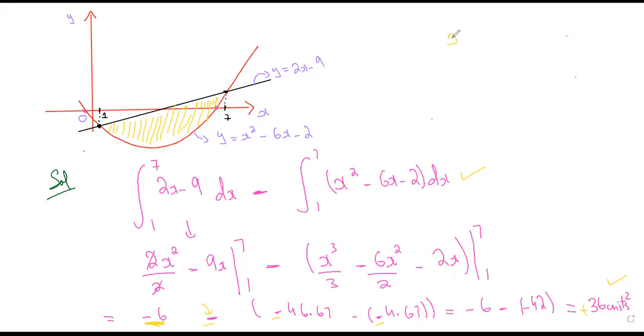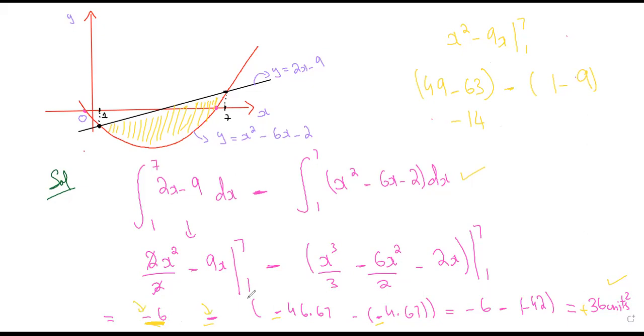So it is 6x squared minus 9x. You'll plug in 7 and 1. When I plug in 7, it would become 49 minus 63, and then minus 1 minus 9. Sorry, ma'am. It's okay. I forgot that it's a double.